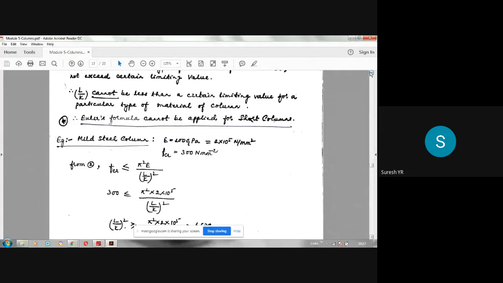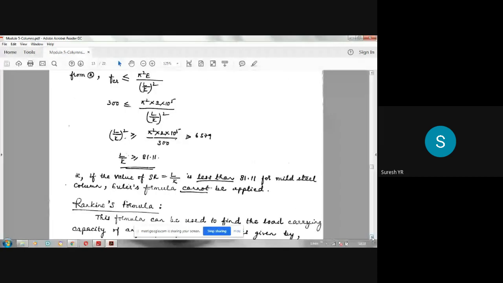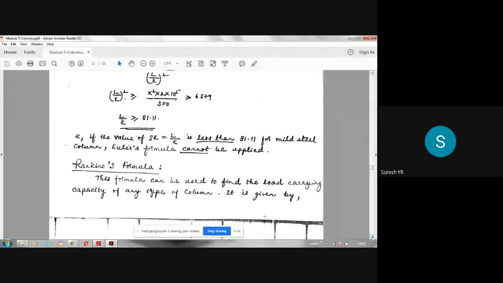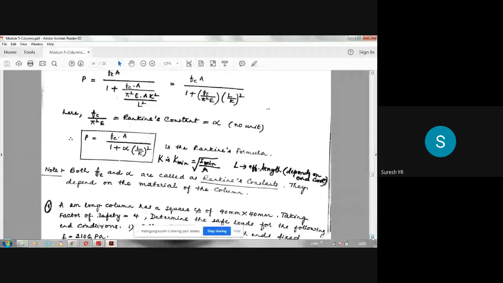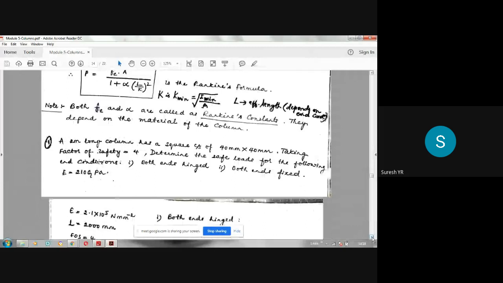The second formula is Rankine's formula, P is equal to Fc into A divided by 1 plus alpha into L by K whole square, where K is K minimum, root of I minimum by A, which can be used for any type of column, whether short, medium or long. These two are the important formulae you should know in the case of columns.